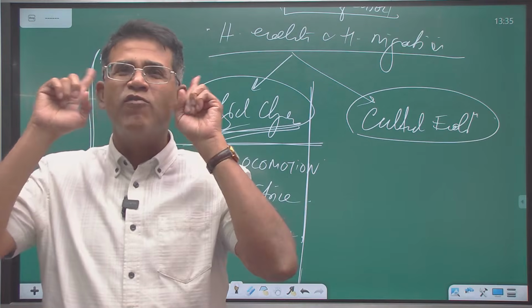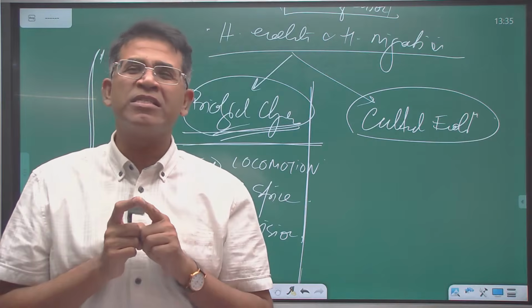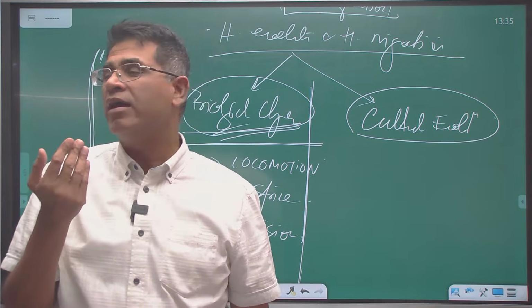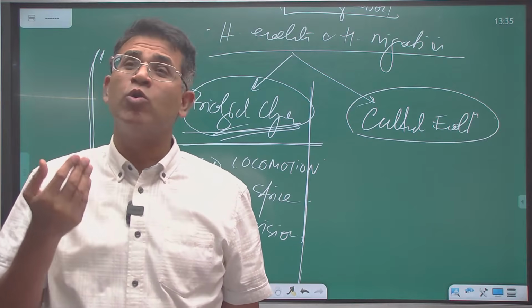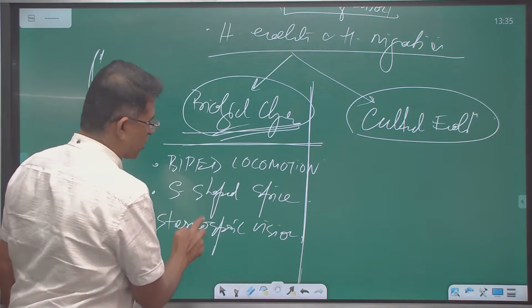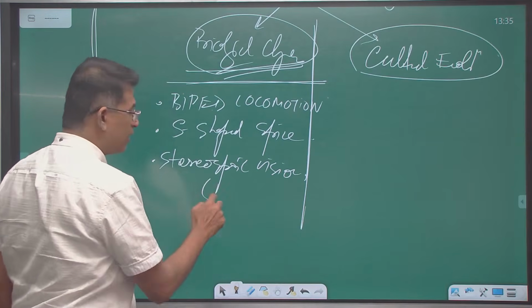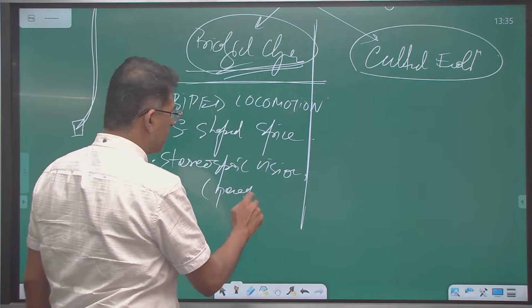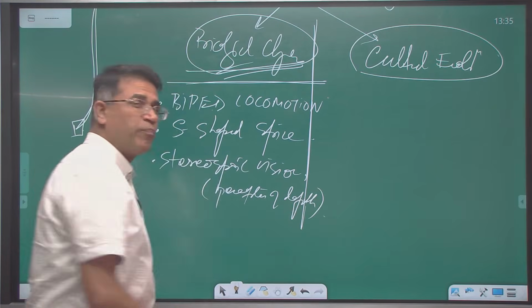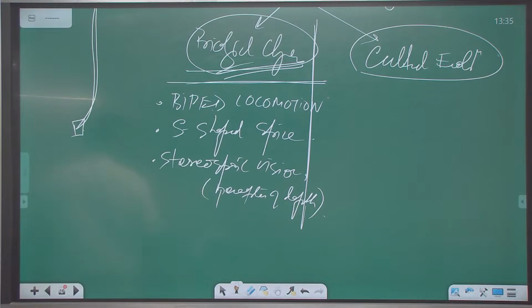When eyes move towards front, you can perceive depth better. It's a very important advantage for those who hunt animals. So stereoscopic vision, इसका advantage क्या है? It gives you better perception of depth. So man now starts hunting on the ground.